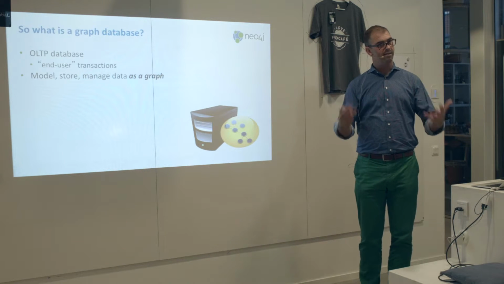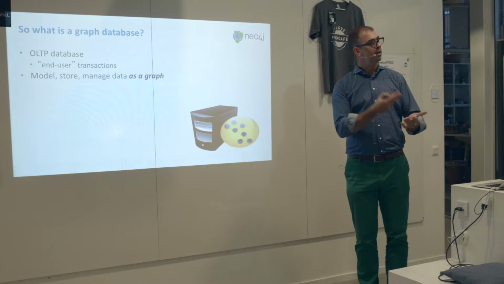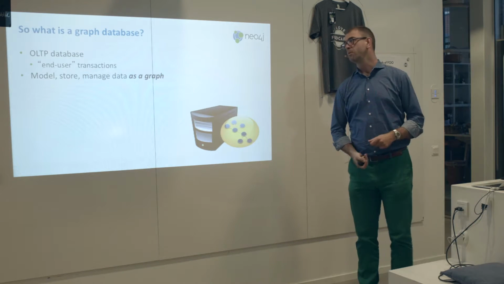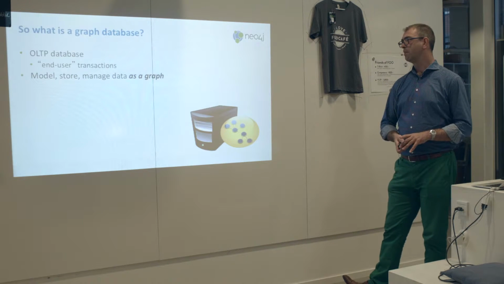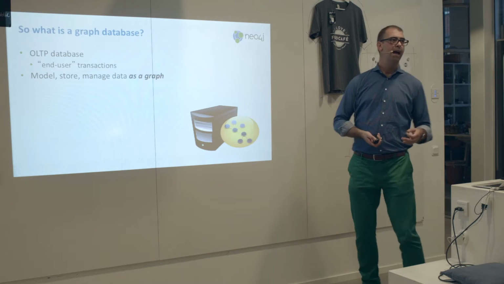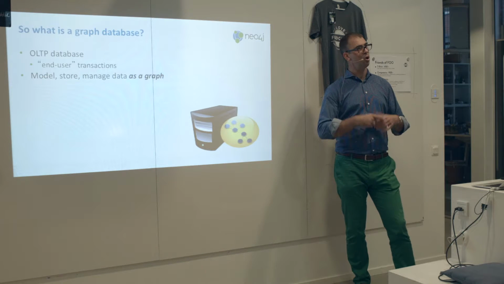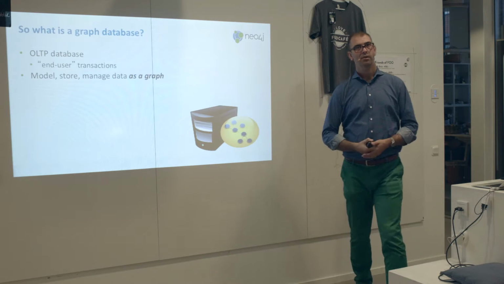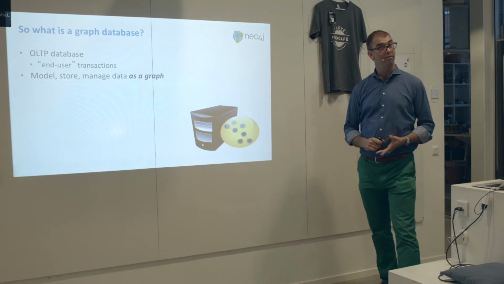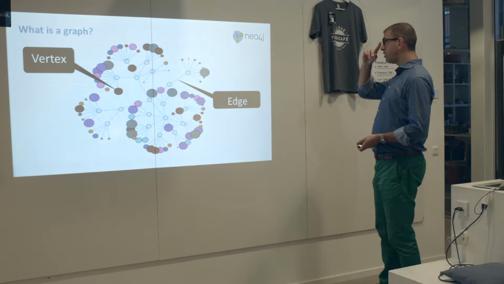This is supposed to be online transactions, yielding millisecond response times, at least for most operations. But it models, stores, and manages data as a network, as a graph. So no more tables, no more rows and columns, a very different data structure. So let's take a look at that data structure.